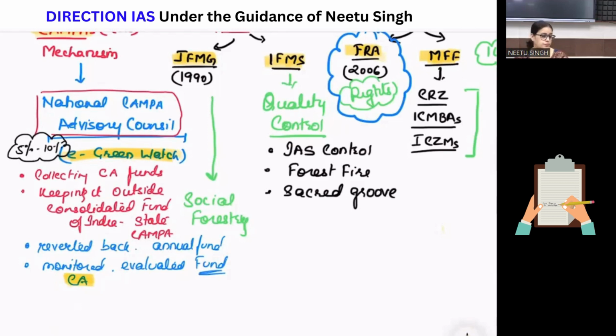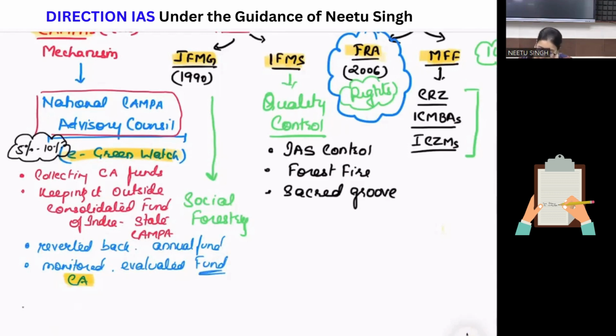If in a given year 100% of the compensatory afforestation fund comes in, the Council is not entitled to spend more than 10 or less than 5. We are ensuring that 90 to 95% of the compensatory afforestation fund goes back to afforestation.